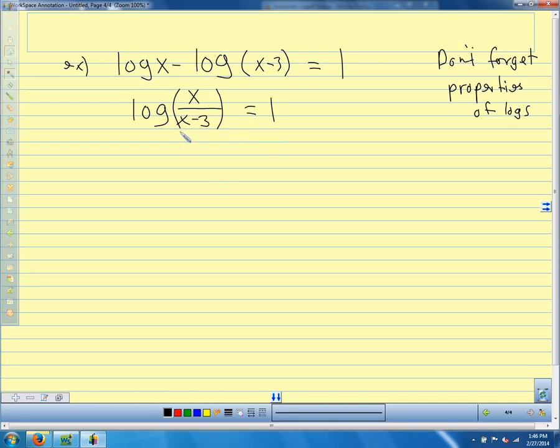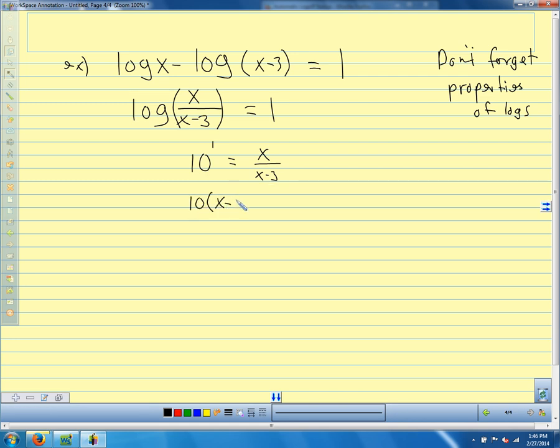So how do I write it in exponential form? 10 to the 1 power equals x over x minus 3. And I multiply by x minus 3 to get out of the denominator.